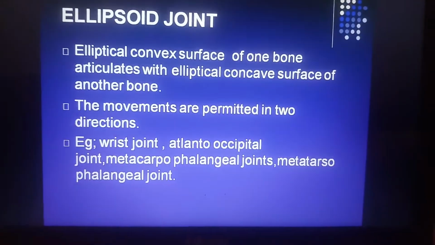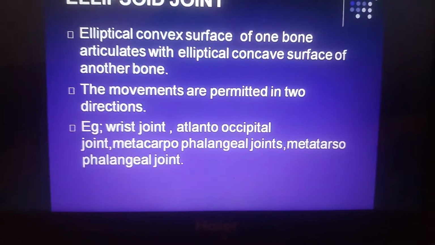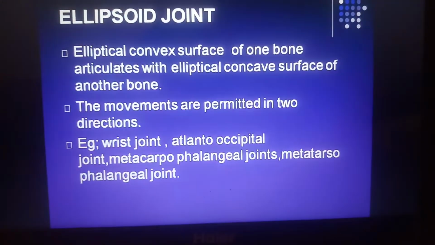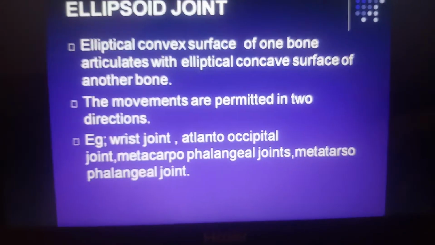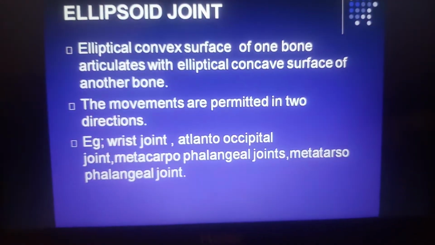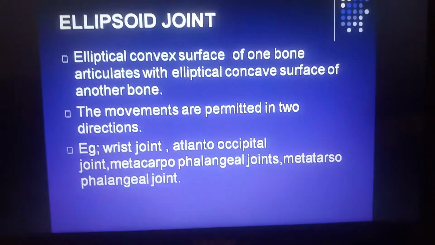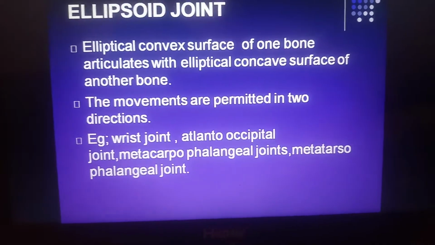Wrist joint is very common, as you can see how much movement you can do in the case of the wrist joint. One movement is flexion and extension and the second one is adduction and abduction. So you can tell that the wrist joint is an ellipsoid joint, and two-directional movement can occur in this.